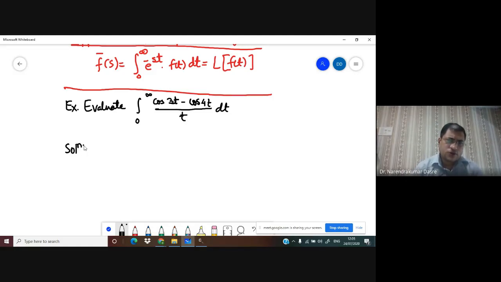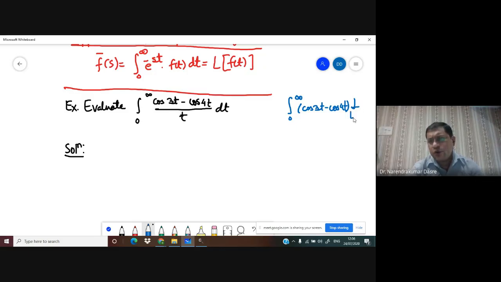Now the question is, what method can we use to solve this integral? We know we can go with u into v, so let us try u into v. This is the integral from 0 to infinity of cos of 3t minus cos of 4t into 1 by t dt.